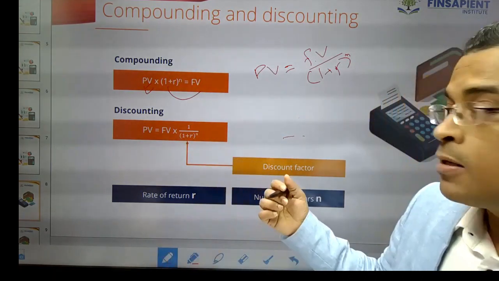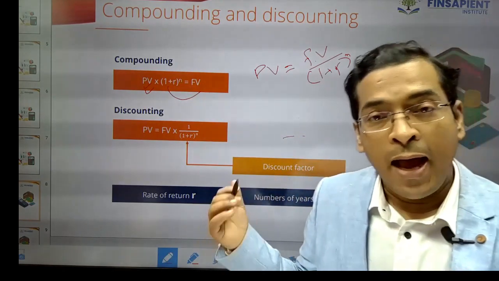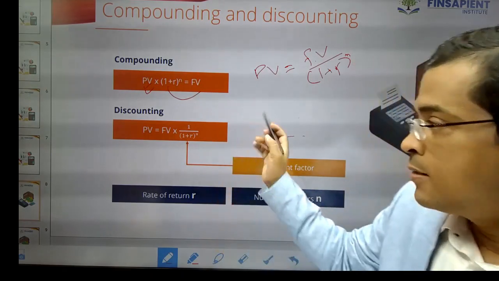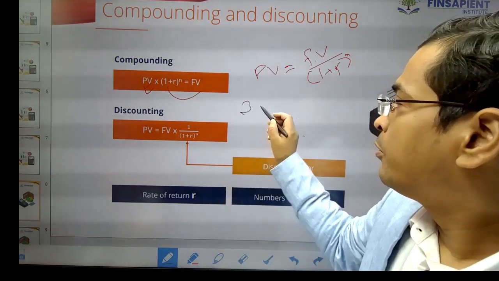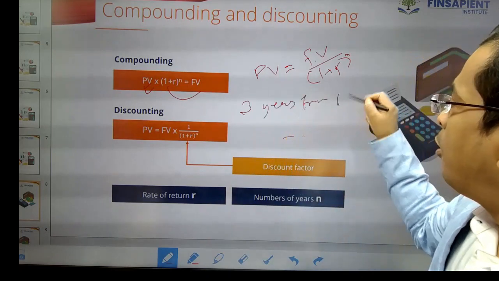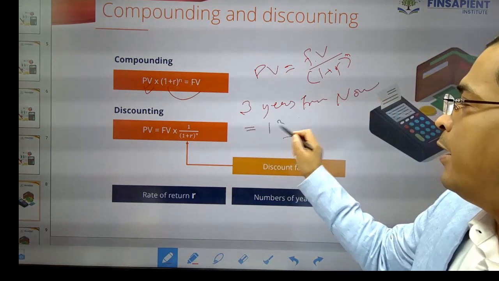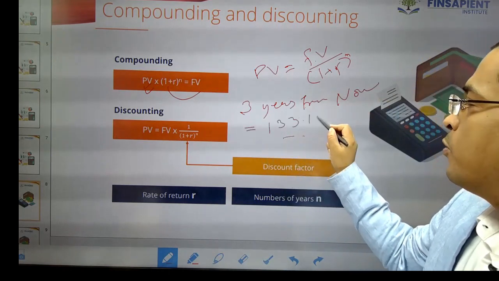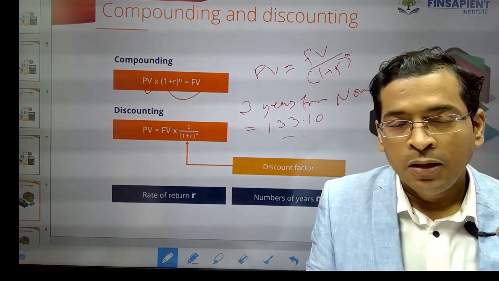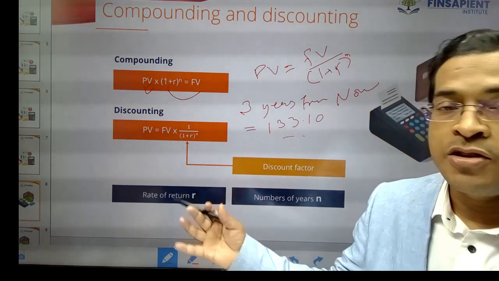So future value divided by 1 plus R to the power n, and we will get the present value. Suppose somebody has given me the value of the cash flow which I'm going to get 3 years from now, the value I get is 133.10, and I have to find out what would be the present value of this dollar cash flow 3 years down the line.